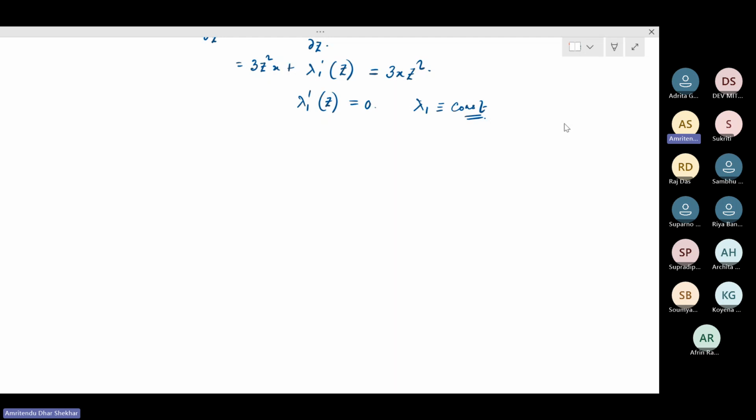So just think of an electric field. The electric field is a conservative vector field.